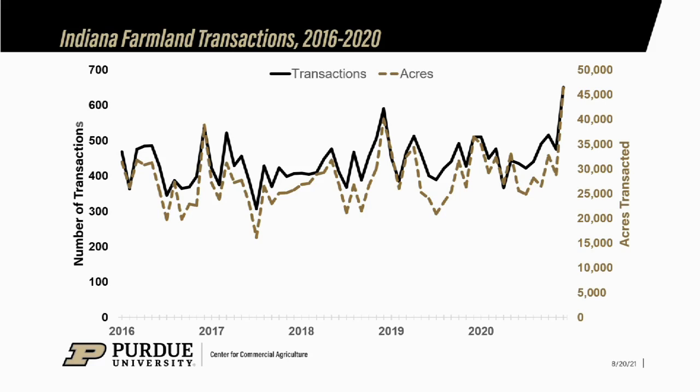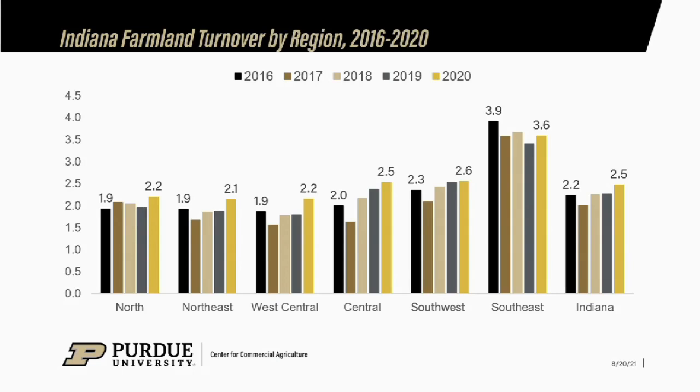So if we move forward one slide, what I was ultimately trying to get was an estimate of turnover. Turnover is also hard to measure. We have these measures of transactions, and then for the stock of farmland available, I used county-level farmland from the USDA Census of Ag, which comes out every 5 years.